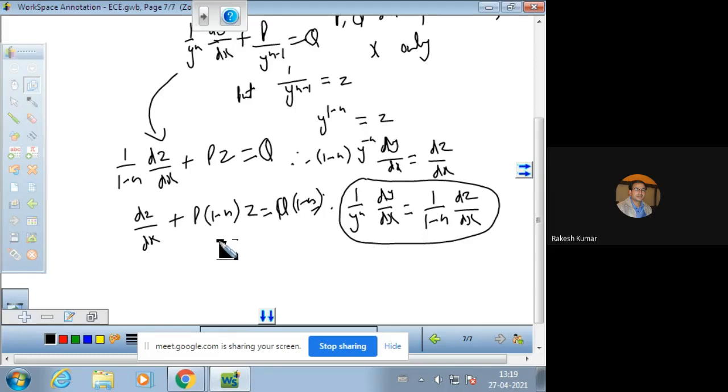Now this equation is a linear differential equation with dependent variable z.